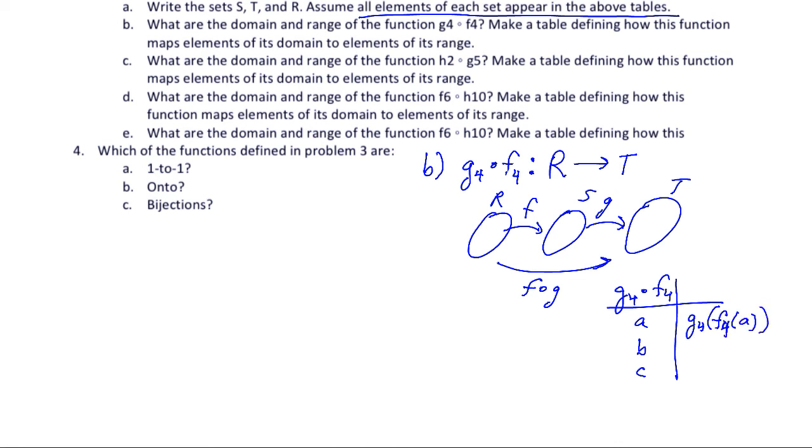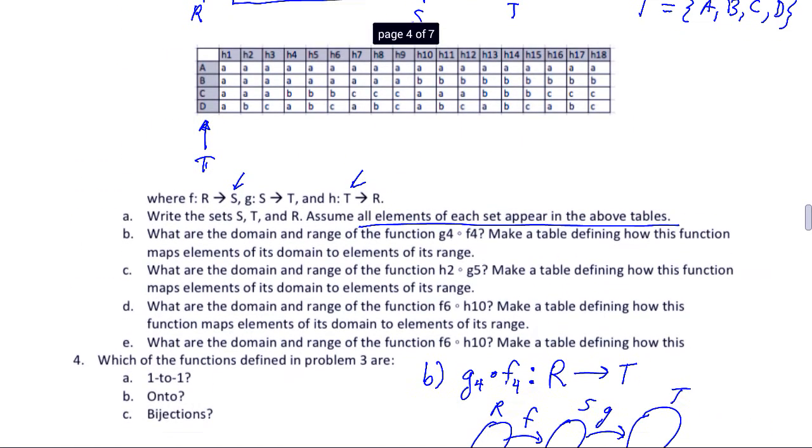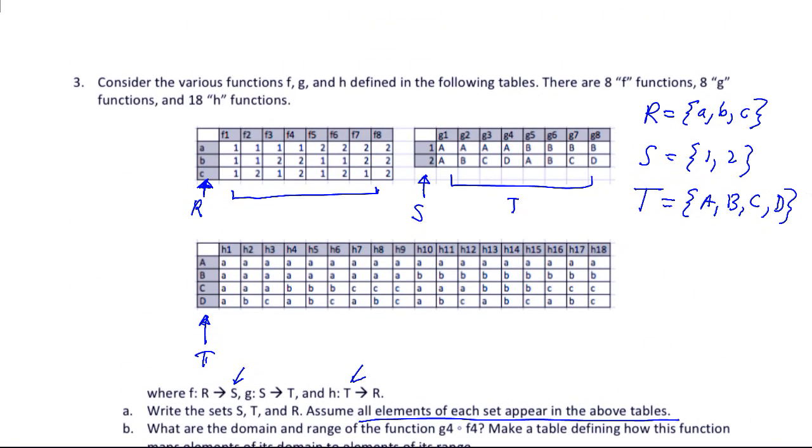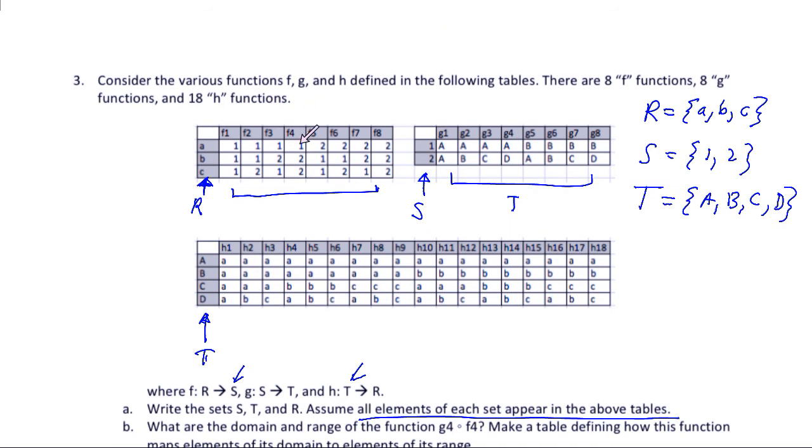Sorry about my handwriting. f4 of a is 1, and g4 of 1 is big A. So we're going to have a big A here.